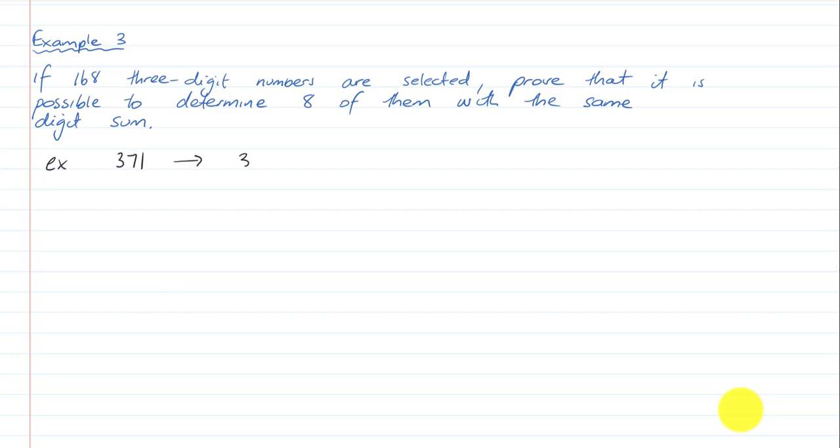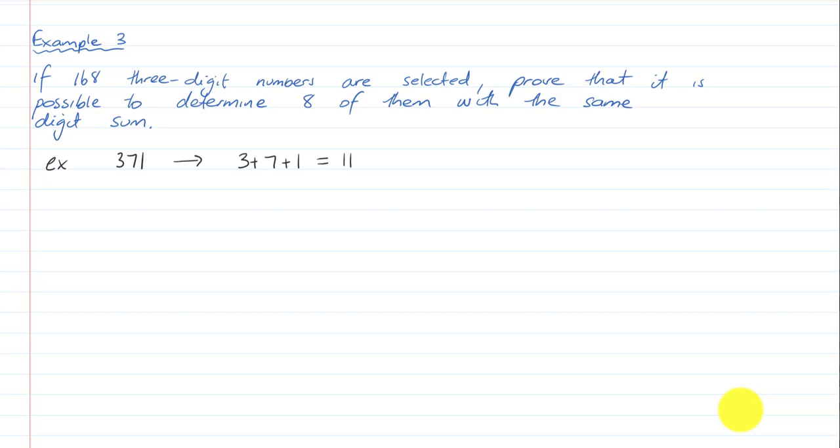The digit sum is 3 plus 7 plus 1, which in this case is equal to 11. So we want to show that at least 8 of them have the same digit sum. And it could be more; certainly you could have a larger number than 8 with the same digit sum.